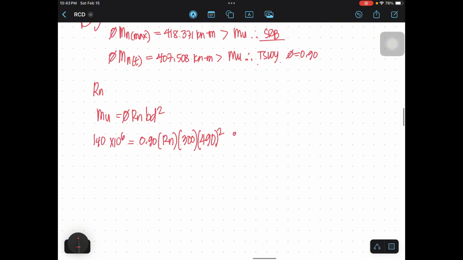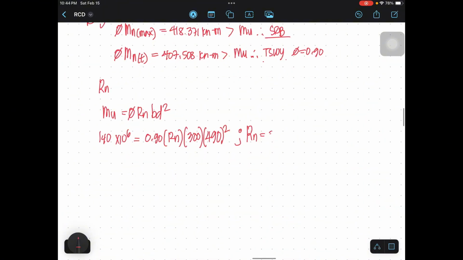So after we distribute the given, yung ating coefficient of resistance is merong value na 2.1596 megapascal.